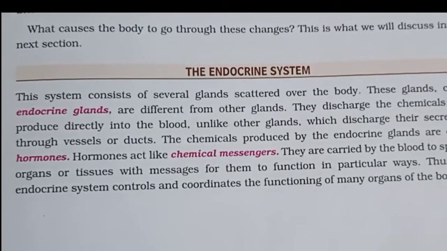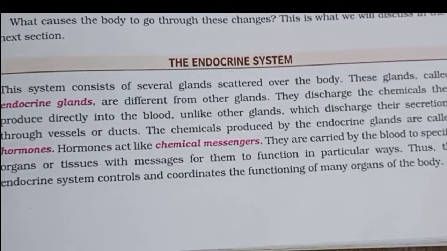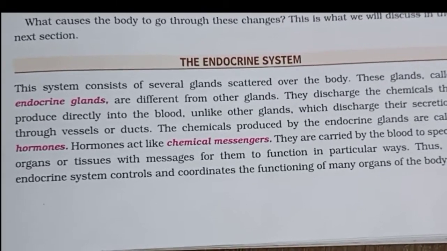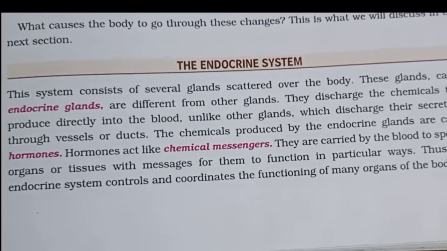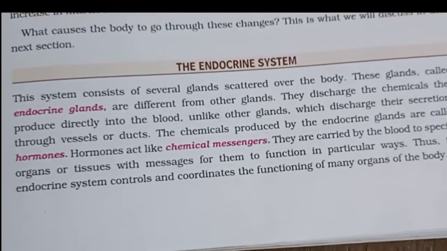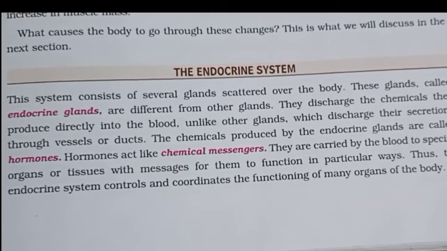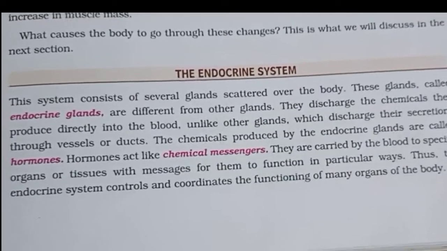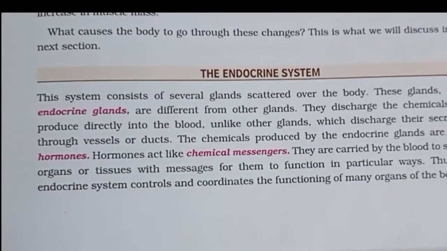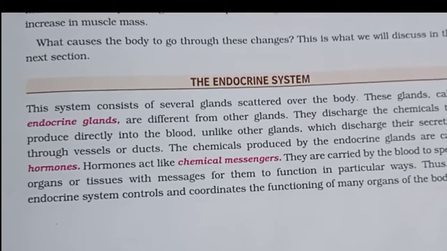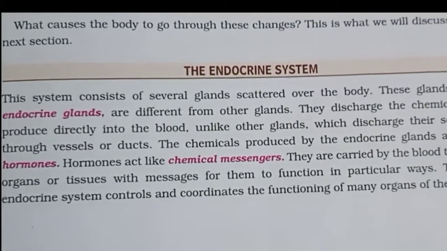These endocrine glands are different from the other type of glands that we call exocrine glands. The endocrine glands discharge the chemicals, we can say hormones, that they produce directly into the blood, while exocrine glands discharge the chemicals not directly into the blood. The chemicals produced by the endocrine glands we call hormones.